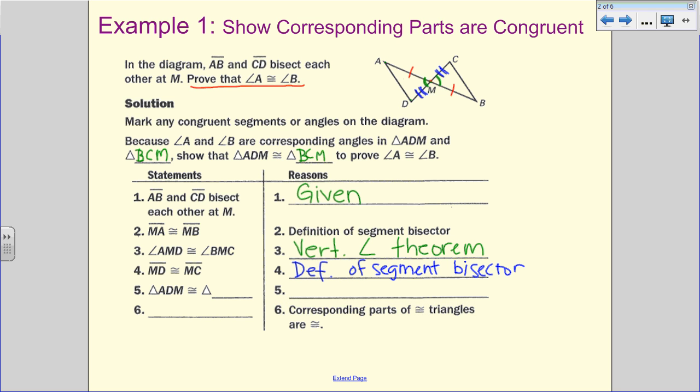So when we look at this, we have side angle side. So triangle ADM is congruent to triangle BCM because of side angle side. So, because I have congruent triangles, I know corresponding parts are congruent. So I need to go back up to what I wanted to prove. That's going to be my last statement now: angle A is congruent to angle B.